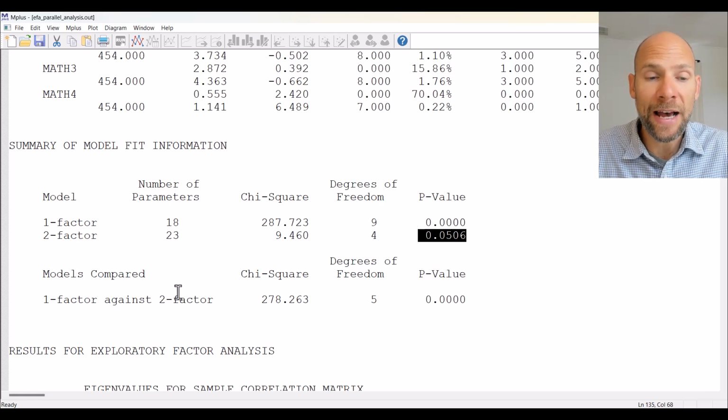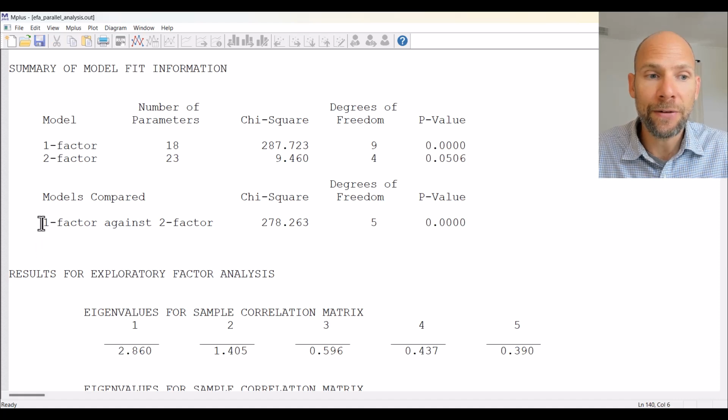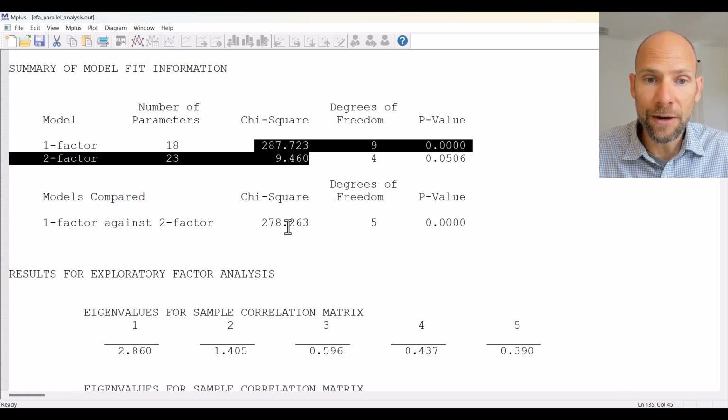Mplus also provides a chi-square difference test for comparing the different factor models. So here 1-factor against 2-factor models, and you can see that the chi-square difference value is 278 with 5 degrees of freedom. So that's the difference here between those chi-square values, and then the difference in the degrees of freedom is 5.